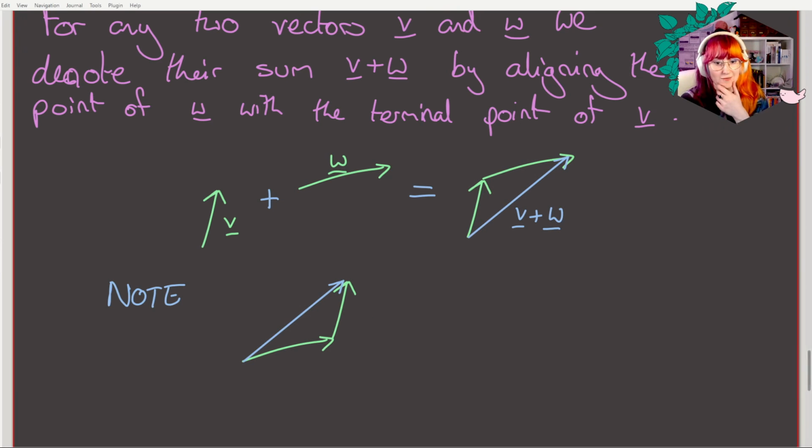And that is because my way of drawing arrows is a bit rubbish. And this is W plus V. They're basically the same thing. There is an important distinction, but we'll get to it later. So V plus W is the same as W plus V. And you can think of it, because it's a list of directions, it doesn't matter if I walk to the left, then walk to the right, or if I walk to the right and then walk to the left, I still get back to where I'm going.